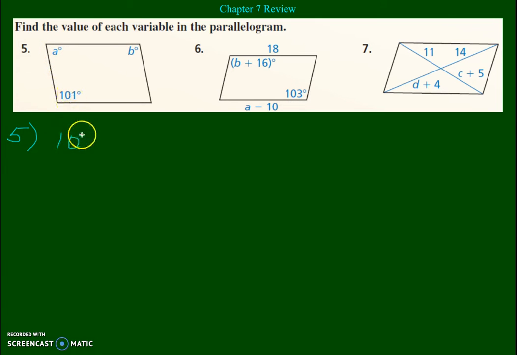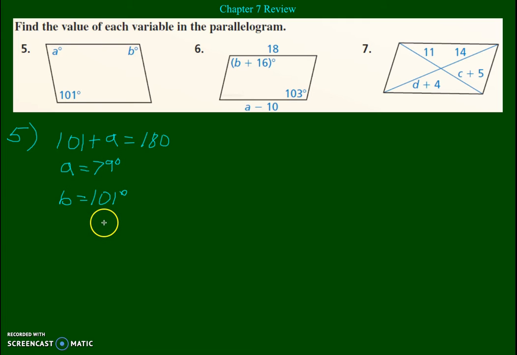So 101 plus A equals 180. So that makes A equal to 79 degrees. And the opposite angles in a parallelogram are congruent. So we know that B is 101 degrees.